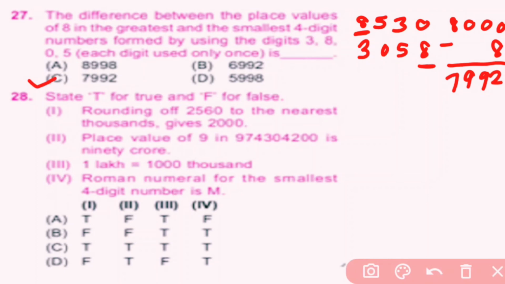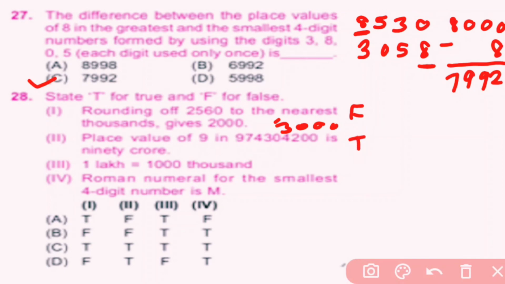Question number 28. State T for true and F for false. 1. Rounding of 2560 to the nearest 1000 gives 200. This is a false statement, because rounding of 2560 to the nearest 1000 gives 3000. Place value of 9 in 97 crores 43 lakhs 4200 is 90 crores.